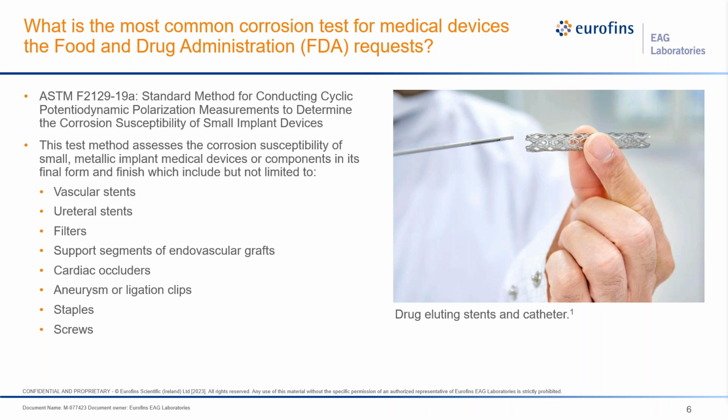Medical devices include a wide range of products, from simple items like bandages to complex technologies like implantable pacemakers. The FDA recommends conducting ASTM F2129 for testing corrosion susceptibility of implantable medical devices, using the most current version at the time the testing is executed.